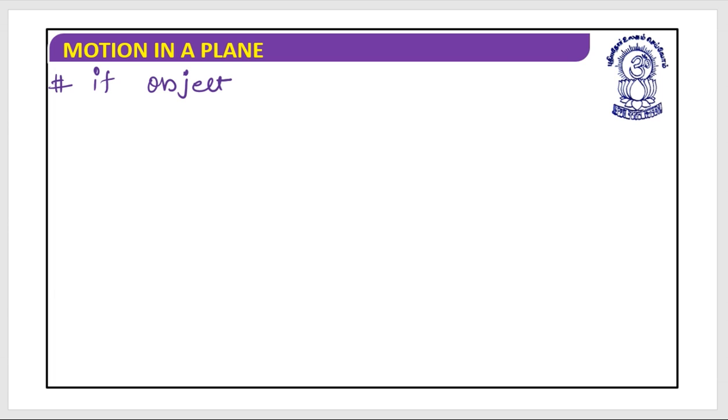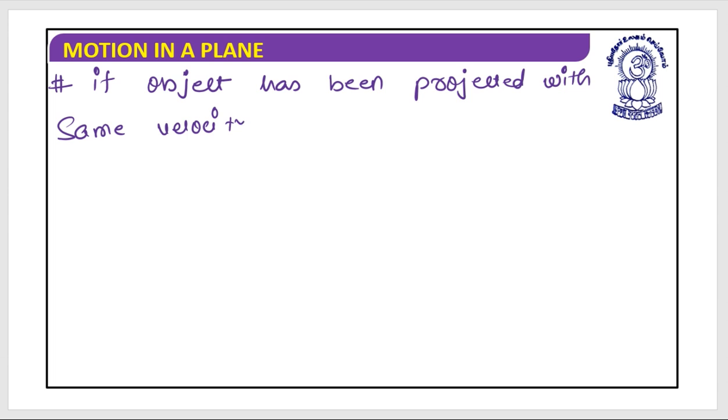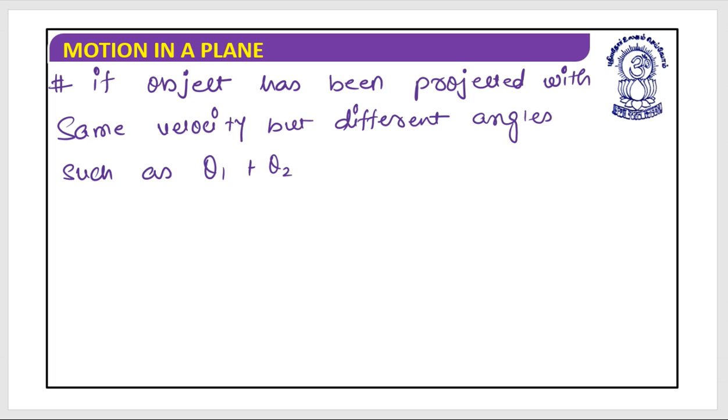an object has been projected with the same velocity but different angles, such as theta 1 plus theta 2, I'm talking from the horizontal, theta 1 plus theta 2 should be equal to 90 degrees.